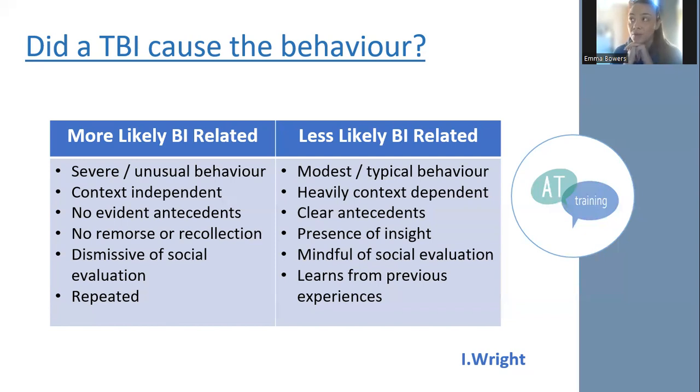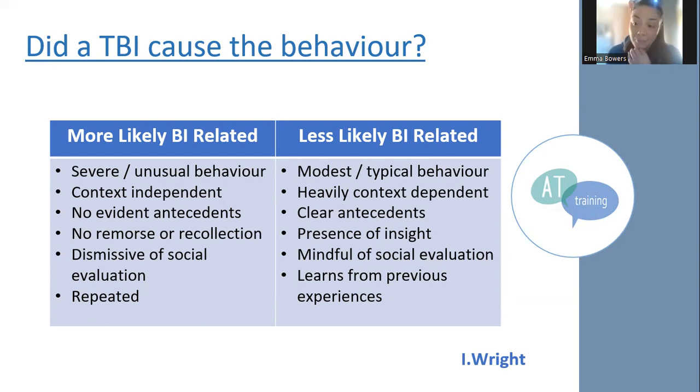Whilst those may be true, sometimes with a bit of gentle digging and reflection, hindsight's a wonderful thing, we can see that actually there may have been some kind of build up, some trigger. But if those are not present, then it is more likely to be TBI related.